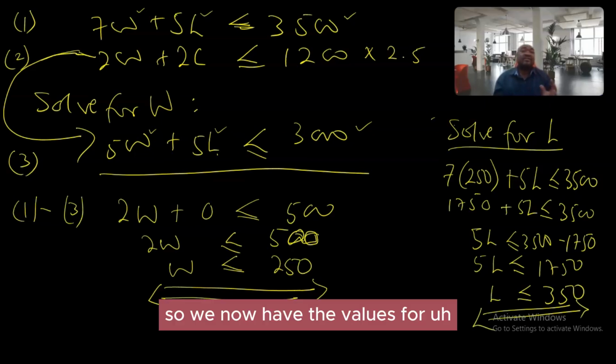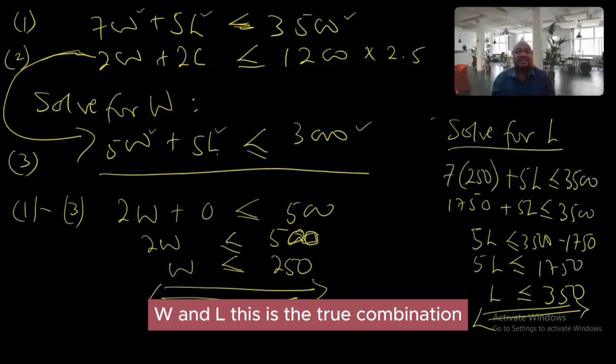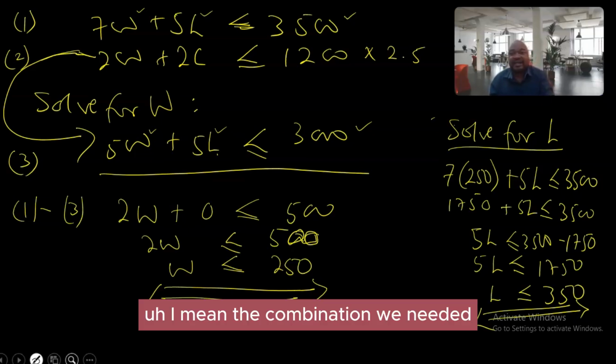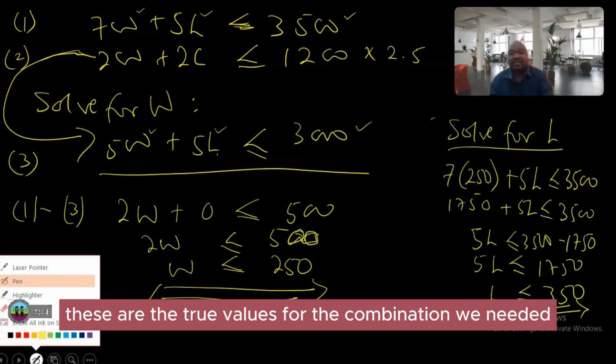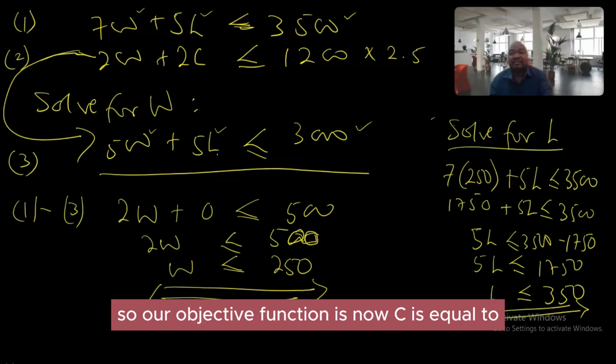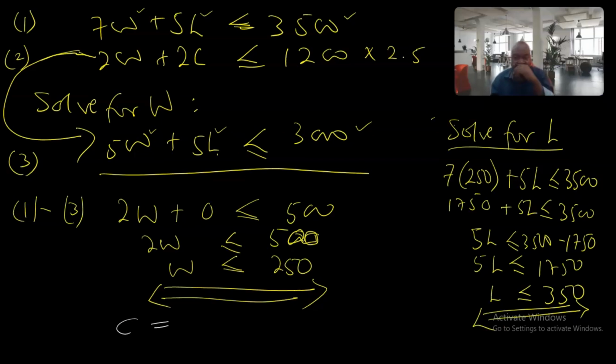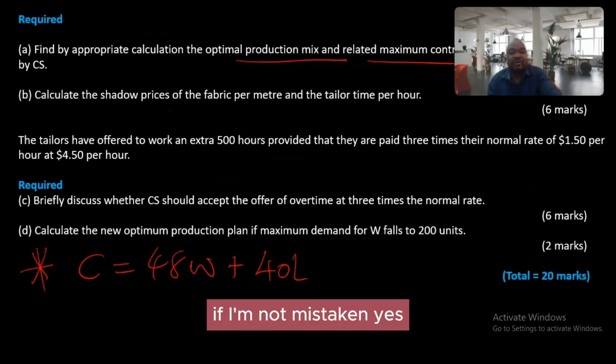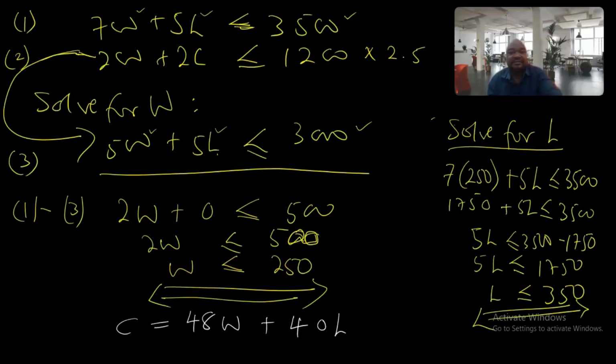So we now have the values for W and L. These are the two values for the combination we needed. Our objective function is C equal to, originally, 48W plus 40L, if I'm not mistaken. Yes.